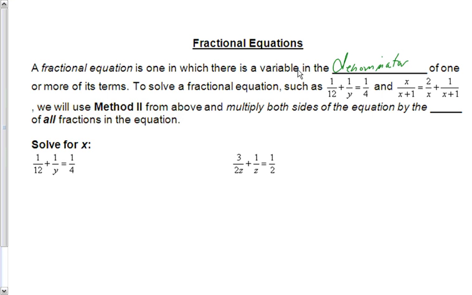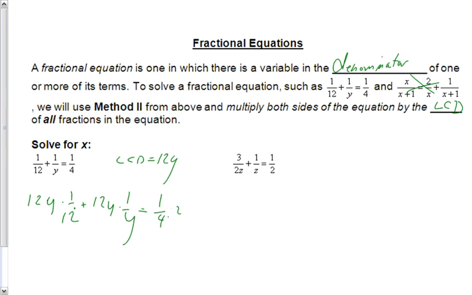Okay, so with variables in the denominator, like this, we have this equation here, we have another one here. You notice how there's variables in both of these. Don't solve the one on the right here. It kind of doesn't come out to be very nice. All right, so we're going to multiply again by the LCD and see what happens. If we take a look at this one, 12, y and 4, the LCD is 12y. So it's 12y times 1 over y plus 12 times 1 over 4, equals 1/4 times 12y.